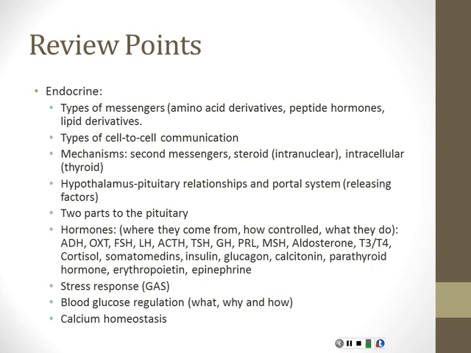And they have different properties. The first 2 are water soluble. So they have to interact with receptors on the cell surface, right? The third one, the lipid derivatives, they can pass right through cell membranes. So they can have direct effects inside the cell. And we talked about some mechanisms too, which we'll get to in a minute.